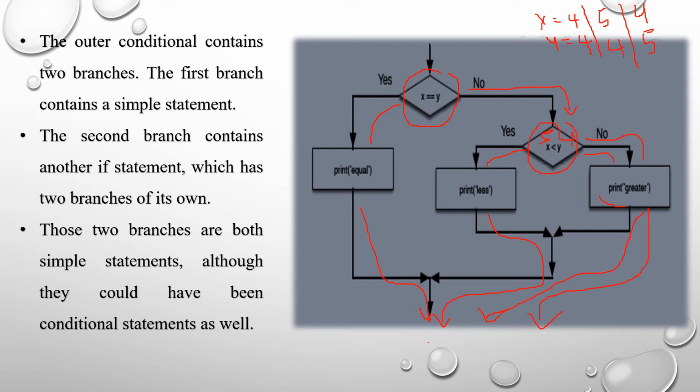Here x is 4 and y is 5, so x less than y. This condition is true when x is equal to 4 and y is equal to 5. So the Python interpreter is going to execute the inner branch. The output is less. The final output is less.